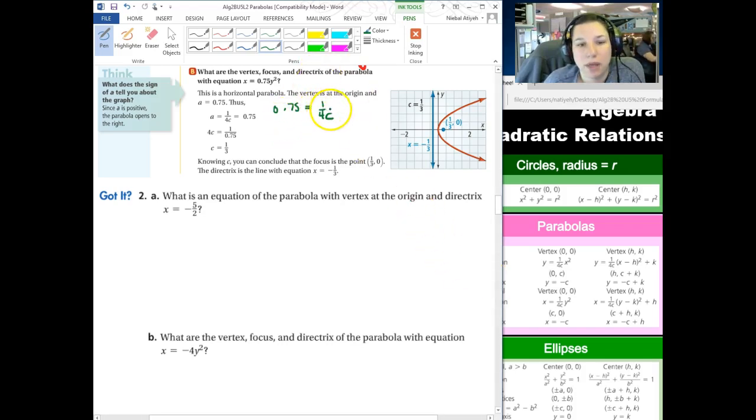So I'm going to multiply both sides by 4c, and then divide by 0.75. So we have 4c equals 1 over 0.75, divide by 4.